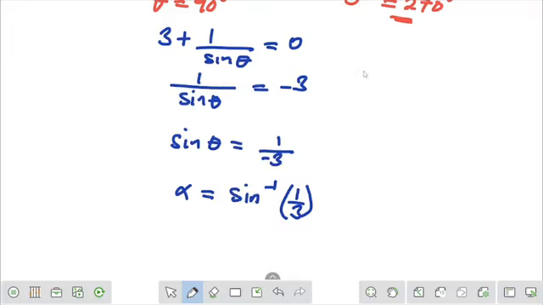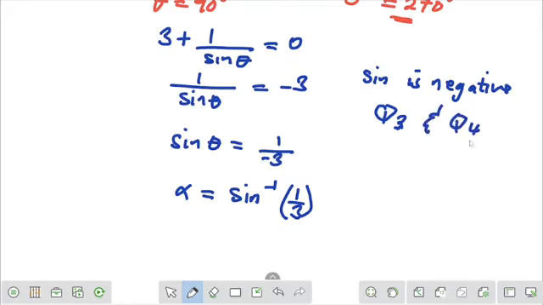So you need to find in which quadrant sine is negative. Sine is negative in the third quadrant and in the fourth quadrant.